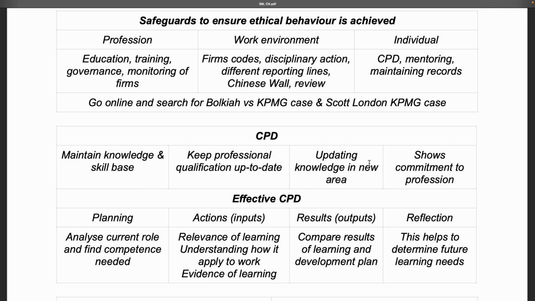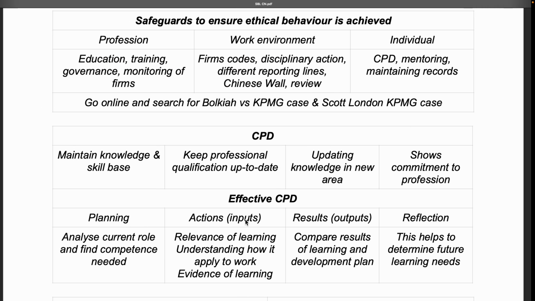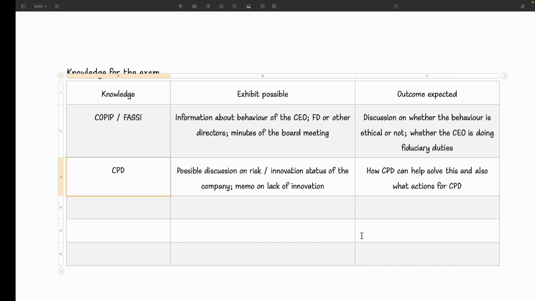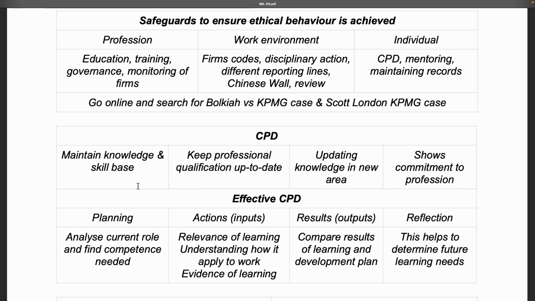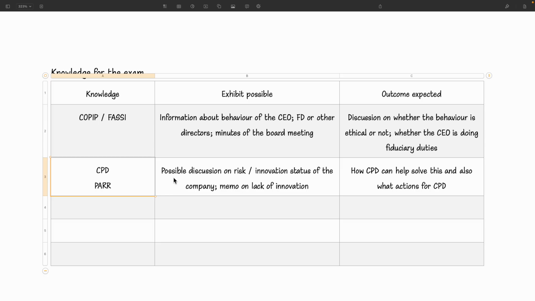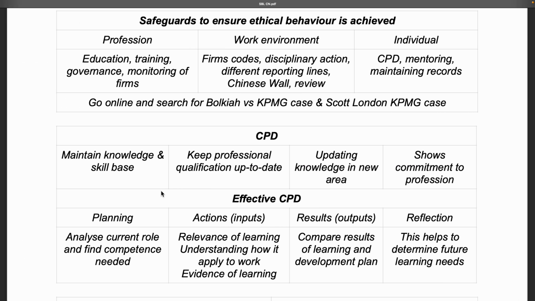And this one is also important: they have to plan, take action, get results and reflect. So I'll call that PAR: plan, action, result, reflection. Okay, that's something you should be aware of.